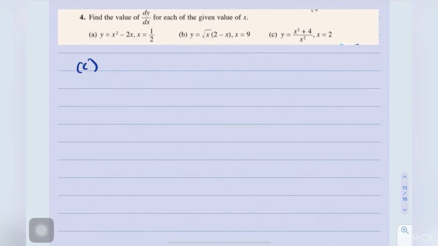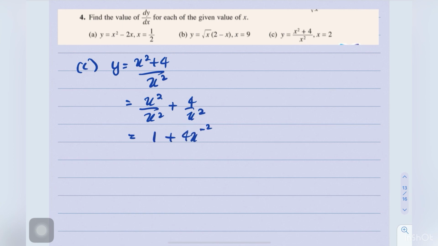C, y equals (x squared plus 4) over x squared. You simplify: x squared over x squared plus 4 over x squared becomes 1 plus 4x^(-2). Here is your y. Differentiate dy/dx. Differentiate 1 is 0.